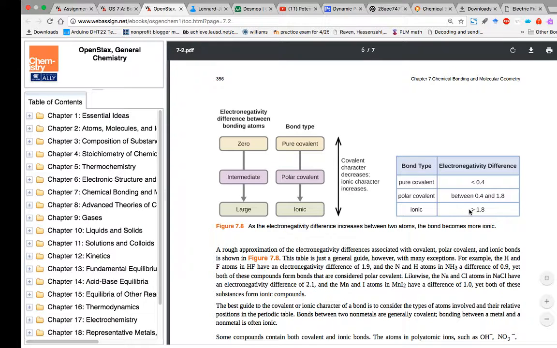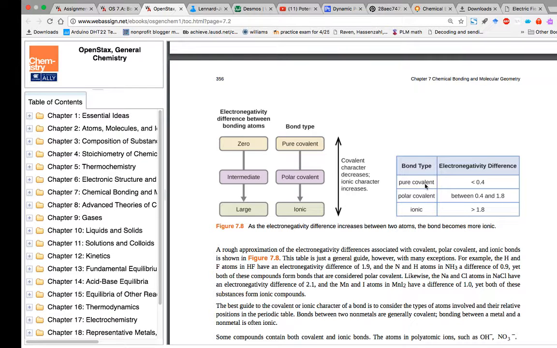Your textbook says if the difference in electronegativity between the two atoms is greater than 1.8, then we're going to call it ionic. If the difference is less than 0.4, then we're going to call it pure covalent, otherwise known as nonpolar covalent. When your book says pure covalent, they're talking about nonpolar covalent.